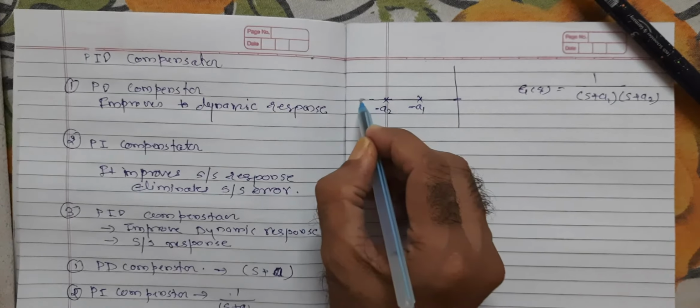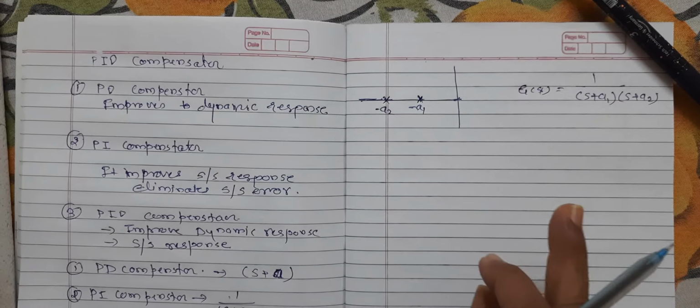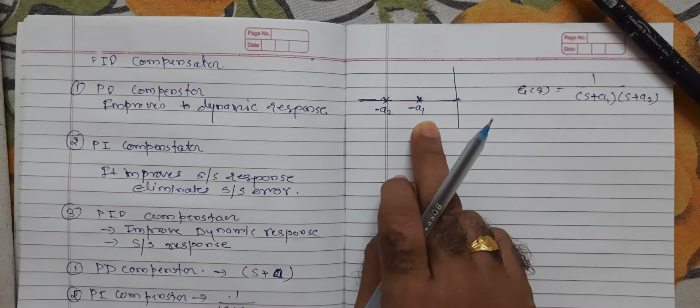Now see here, to the right of the minus a1, no poles or zeros are there. So between the origin and minus a1, no root locus will exist. Now to the right of minus a2, there is only one pole, which is an odd number.